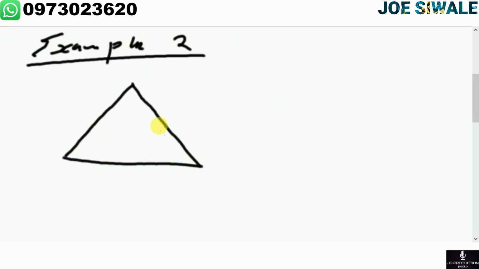This is C, this is A, this is B. This is small letter a, small letter b, and this is small letter c. And the angle here has been given as 52 degrees.